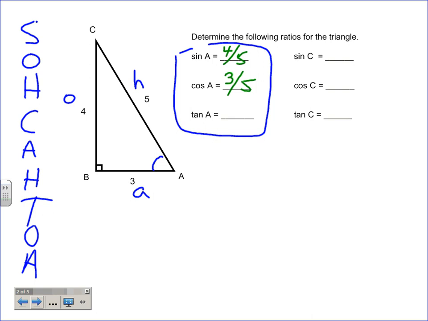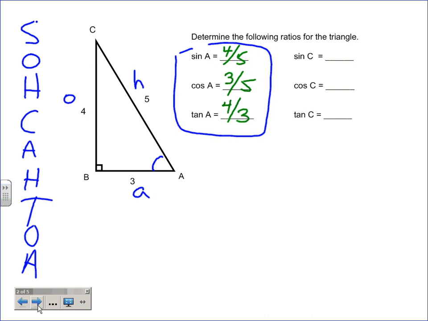Tangent is the TOA portion, and we're going to use opposite and adjacent. And so for that fraction, again, we're dealing with angle A, so opposite is 4, and adjacent is 3. For right now, if you've got that pretty well figured out, you're off to a really good start. It gets a little more complicated than that, but that's a really good start.